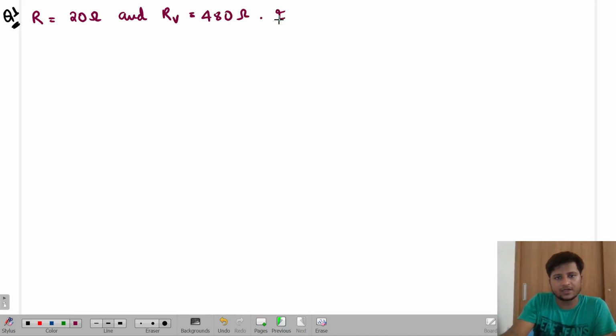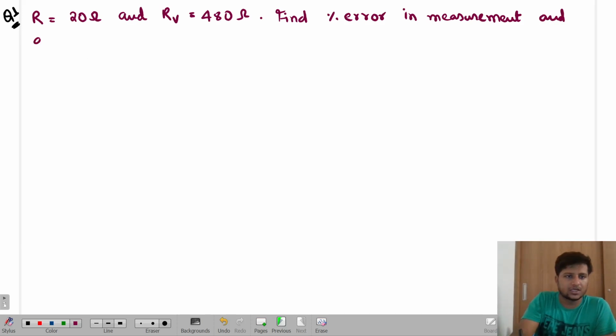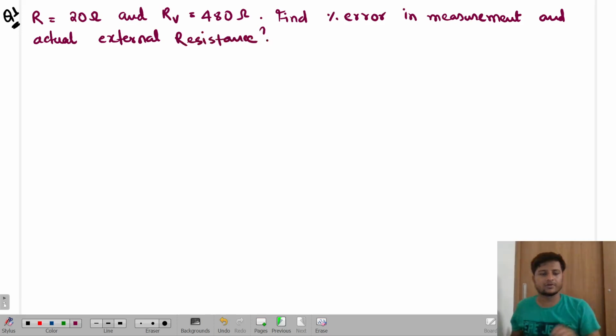Then the question is find the percentage error in measurement and the actual external resistance. Do it first.